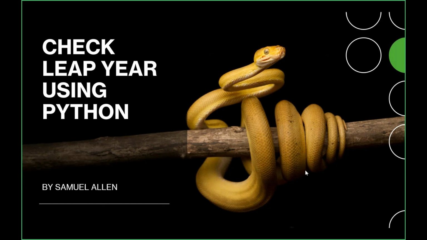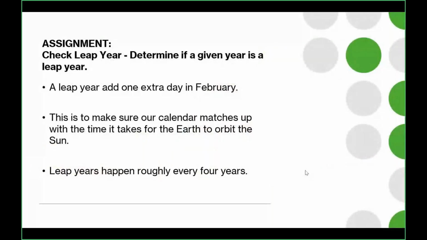So you asked me to check leap year using Python. The assignment is this: check leap year, determine if a given year is a leap year. So I try first to define what a leap year is.